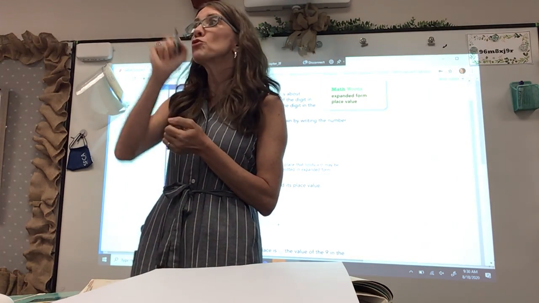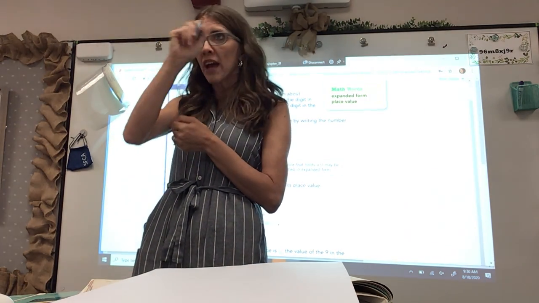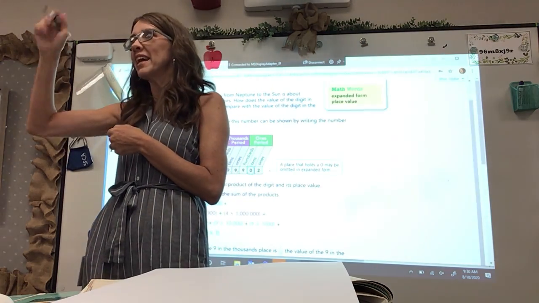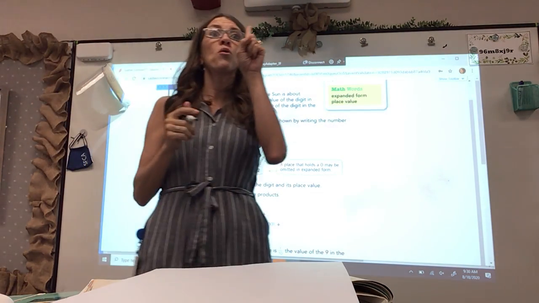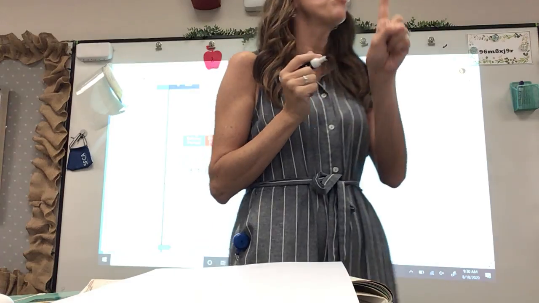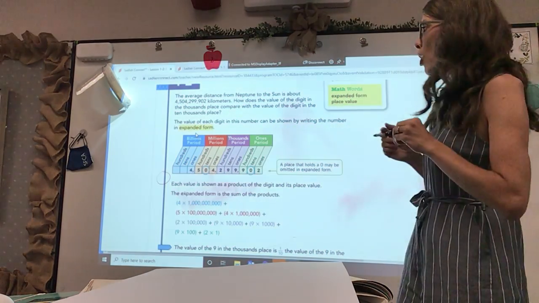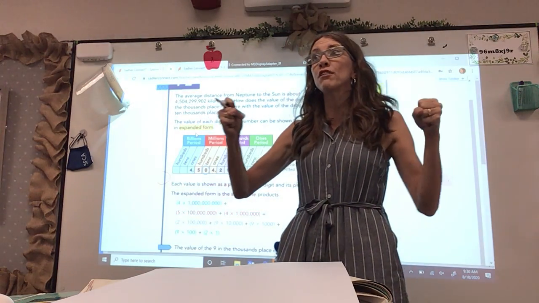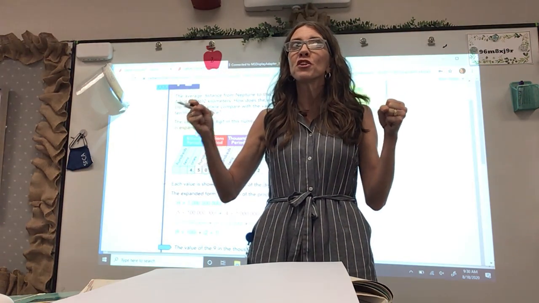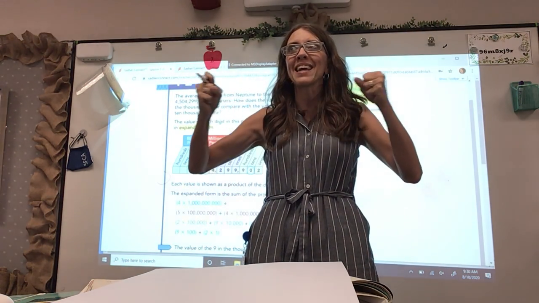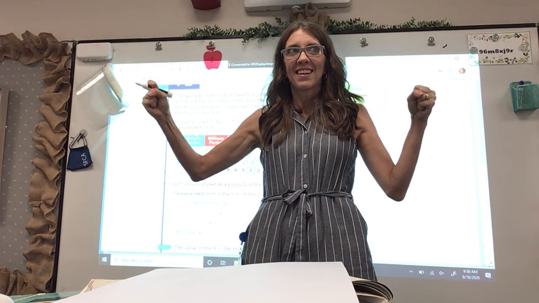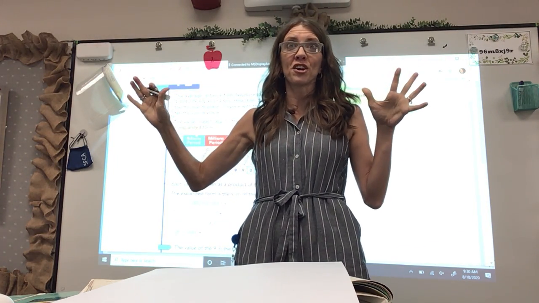The name, the actual words. You're writing out 4, F-O-U-R, 100, H-U-N. Good, so we know number name form and standard form. We're going to learn another form today called expanded form. What do you think we're going to do when we expand a number? It's going to look a whole lot longer, right?